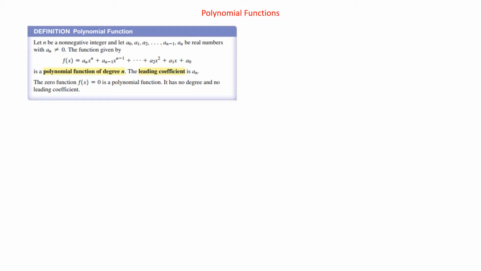So if we had something like f of x equals 3x to the fourth plus 7x cubed minus 12x plus 2, this would be a fourth degree polynomial because the highest exponent is 4, and the leading coefficient would be 3 because that's the one in front of that value.